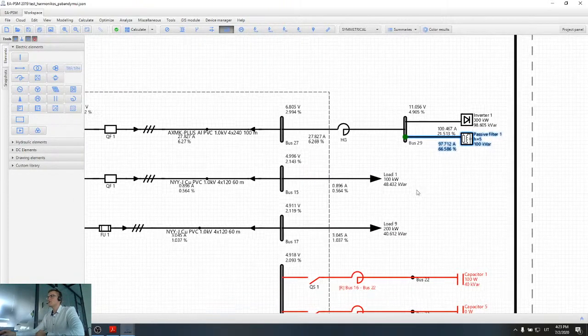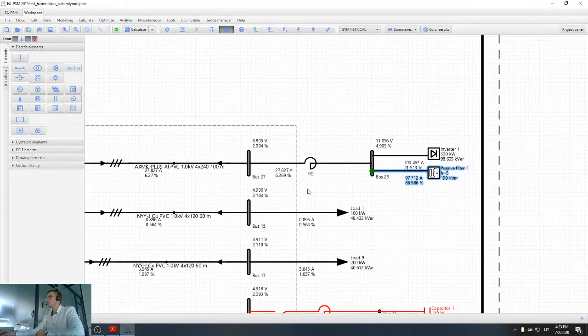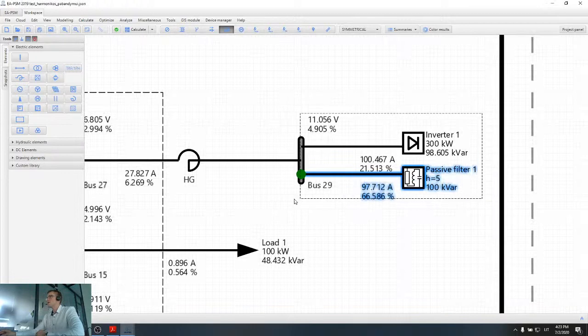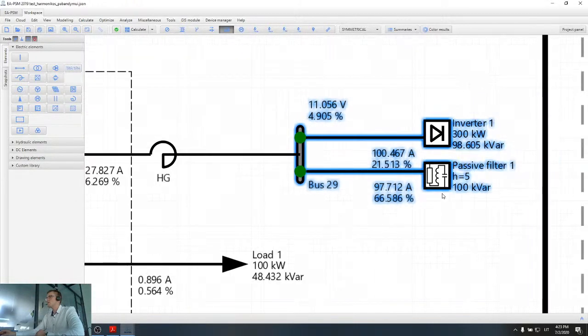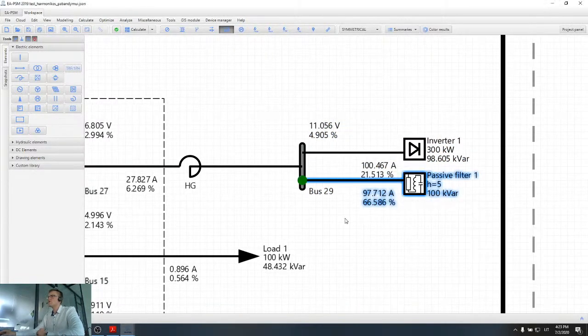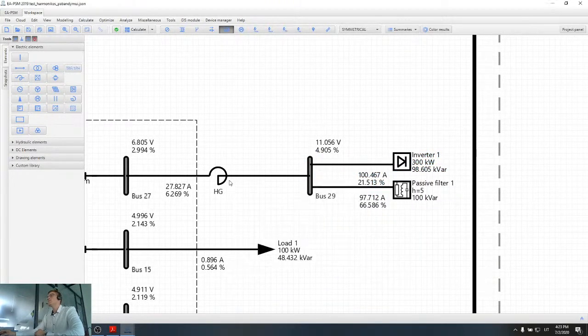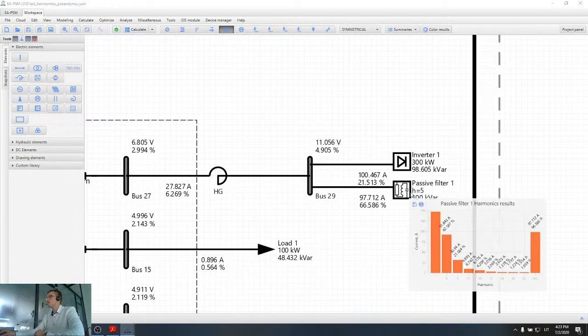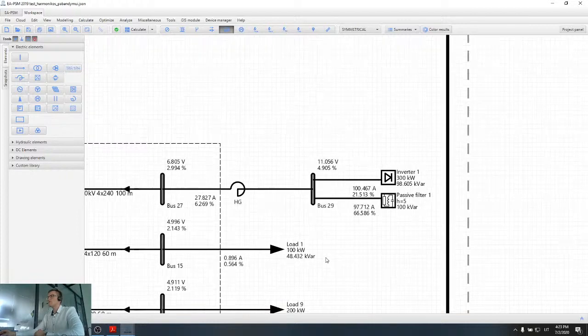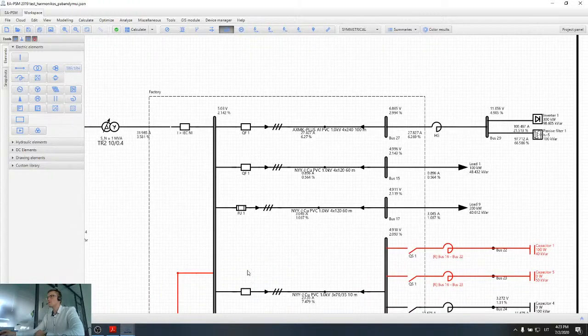So basically, harmonics from the electrical network are not entering bus 29 where my passive filter and inverter are connected. So tuned filters should be used in most cases for single nonlinear loads and together with the harmonic gate, which allows avoiding overloading of the filter. So here is how you can size a tuned harmonic filter.